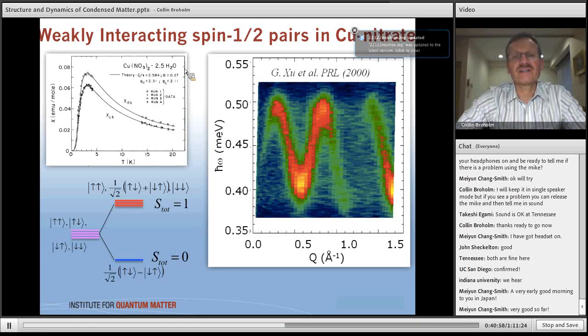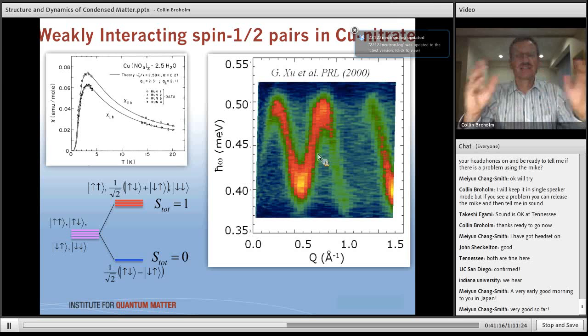So here I employed both our definition of the equal time correlation function, and the first moment sum rule to write down a relationship between S of q and the dispersion relation E of q.